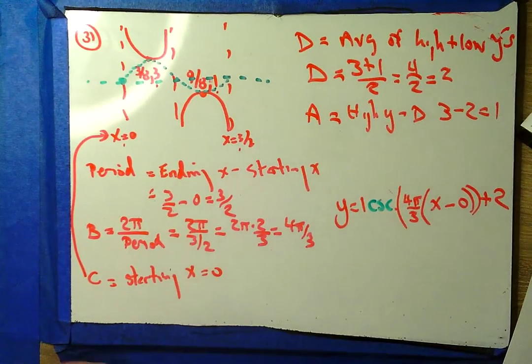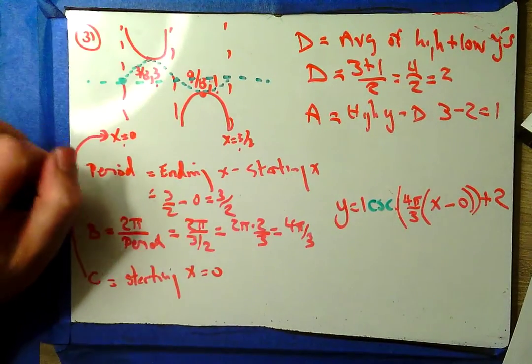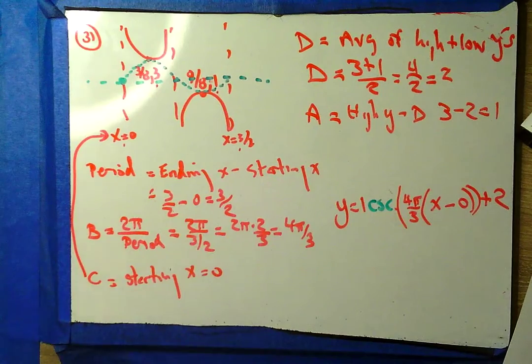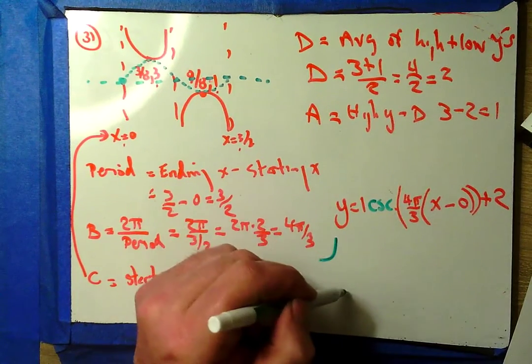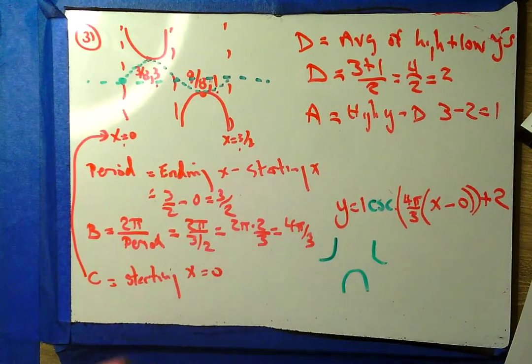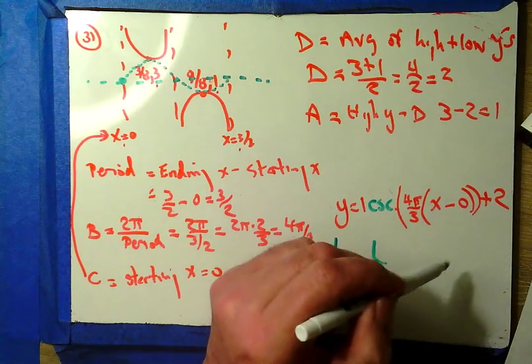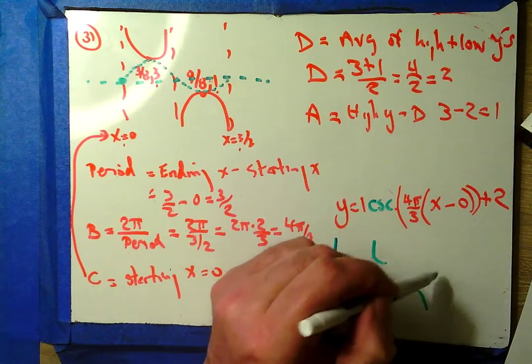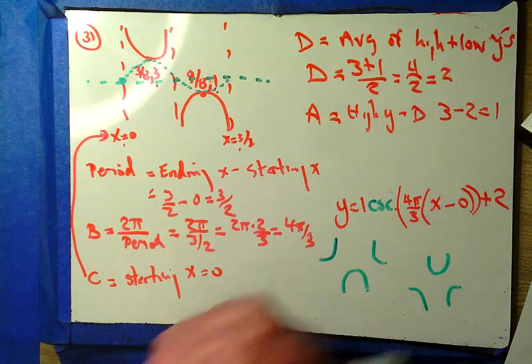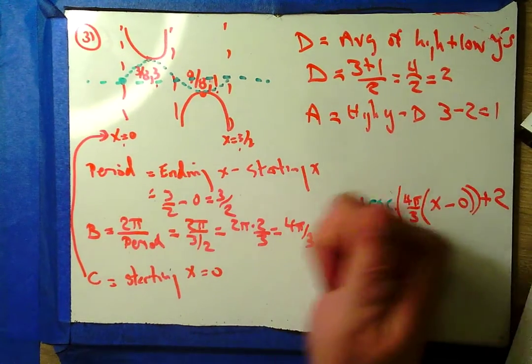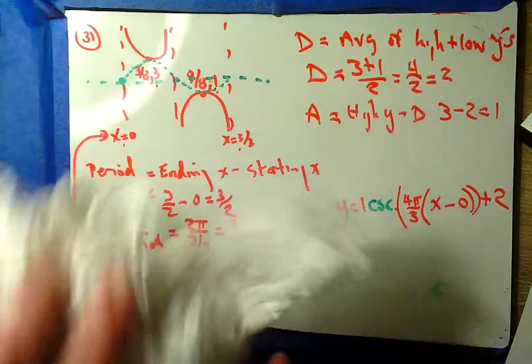See, it's really useful to draw in that reciprocal function. So cosecant has one up, one down, and secant is the one that looks like a part, a half, and a part. Or a negative secant would be a part, a half, and a part. Okay, so that's problem number 31.